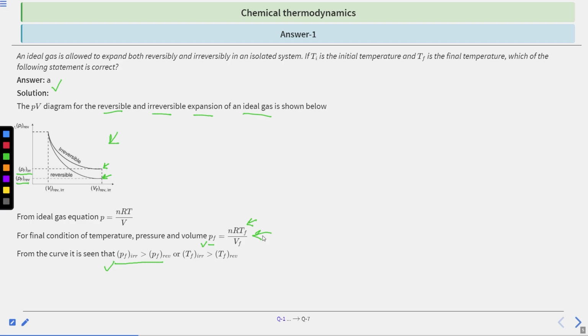That is, if P is increasing, T will also increase. They are directly connected. So if P at the final state of the irreversible process is greater than P at the final state of the reversible process, we can say that the temperature at the final state of the irreversible process will be greater than the temperature at the final state of the reversible process. Hence, option A will be the correct answer.